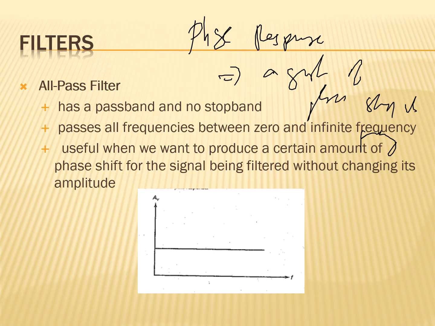The phase shifter has zero attenuation at all frequencies, but the output phase angle can be altered between 0 and negative 180 degrees. So a phase shifter is a good example of an all-pass filter.